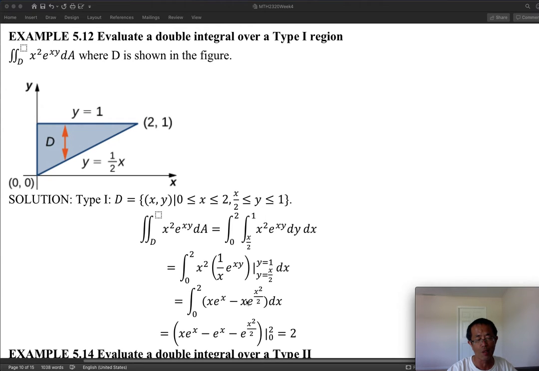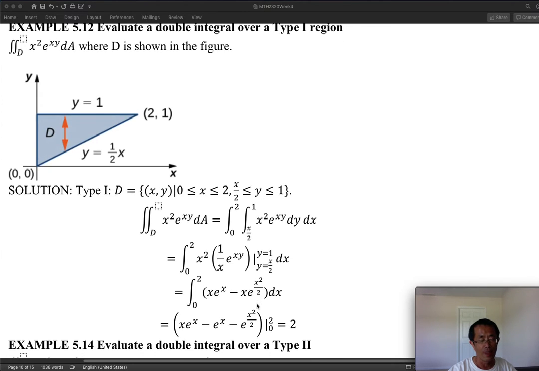As expected, after evaluating the integral in terms of y first, we do have an expression with x. So this round, we do the integration with respect to x only. And indeed, you really need to know the integration techniques very well.